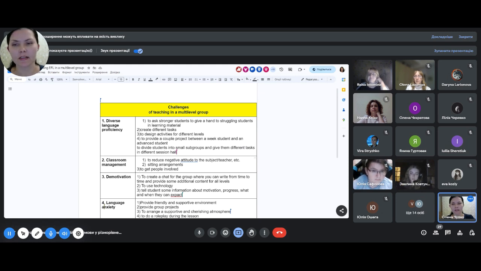To divide students into small subgroups and give them different tasks in different session halls. Well, how are you going to do that? So you basically divide one group into several groups, and what about your presence then? It was my idea.